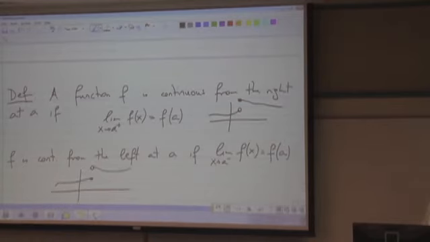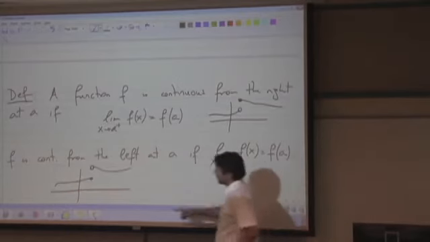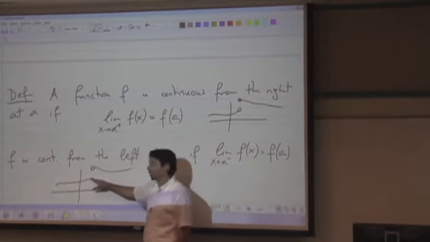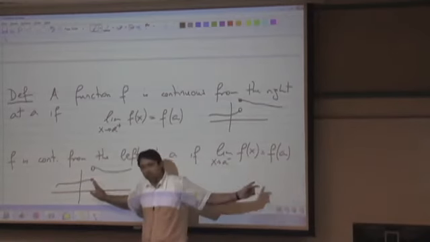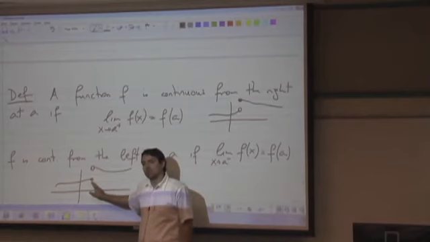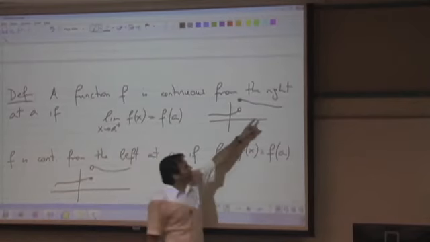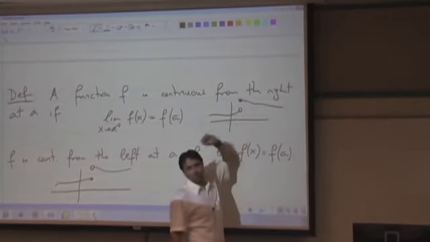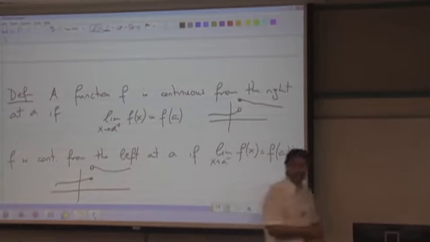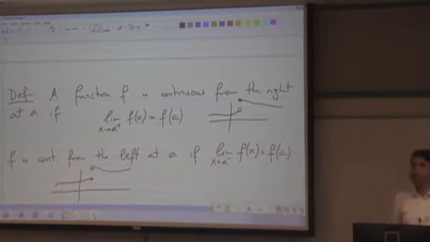Why does the dot have to be on the other side? Because the limit from the left is here, and that has to match the value of the function. Here, the limit from the right had to match the value of the function. Okay?